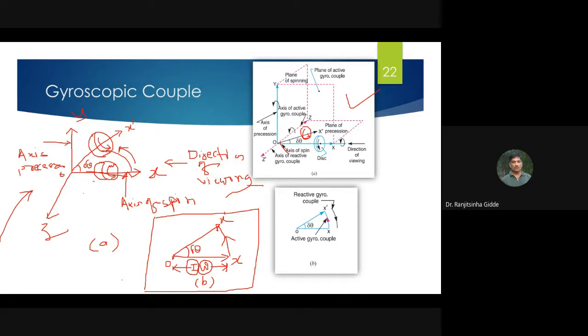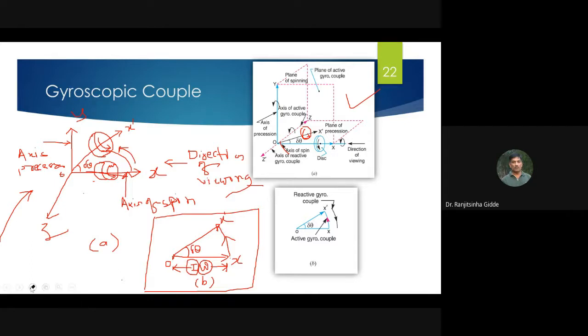So in the top view we will see this OX, and to bring OX to the new position OX prime we need to apply the force at this end. By applying the force, we get this new position.